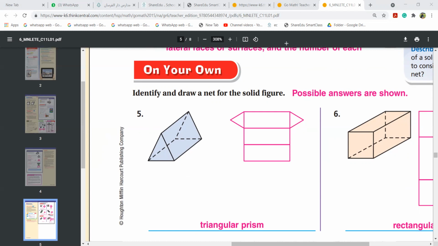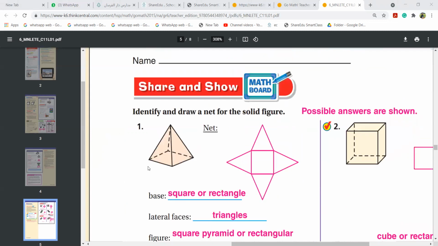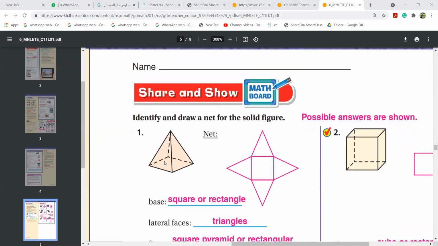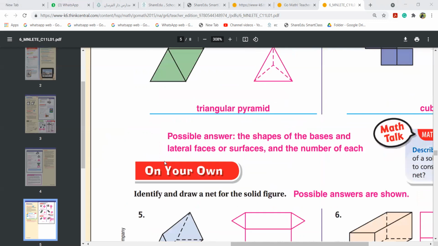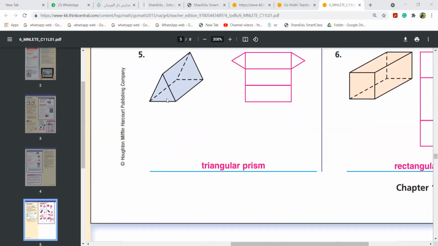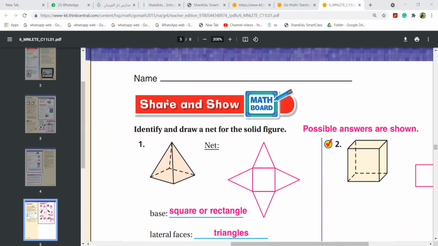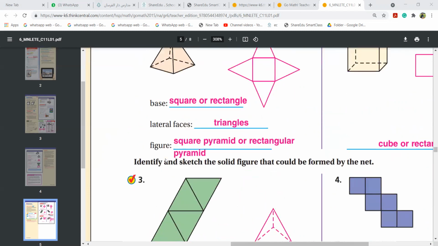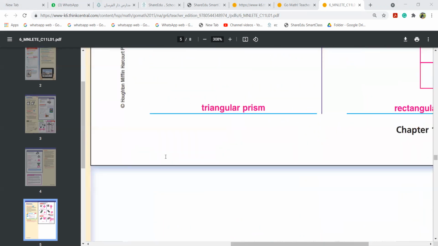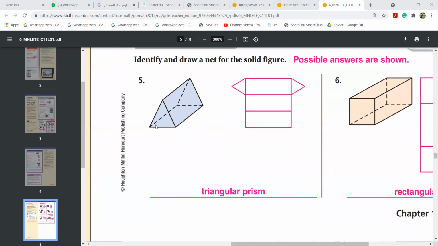Now, what is the difference between number 5 and number 1? Can you see that? This is covered all with the lateral sides of triangles. And here, you see how it is?